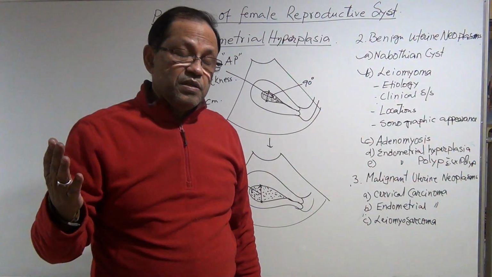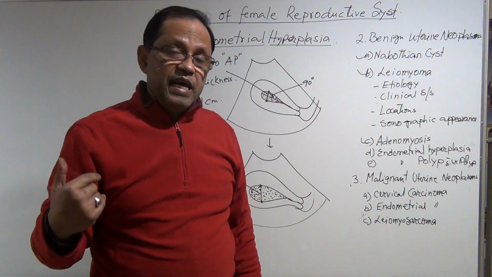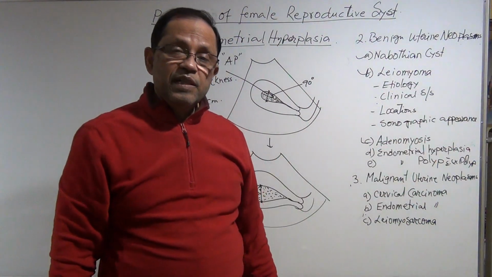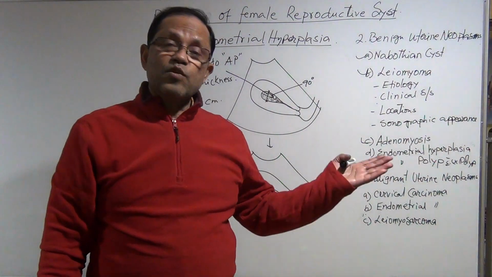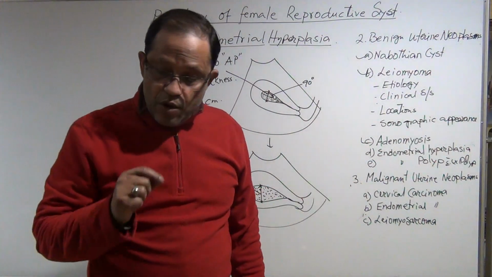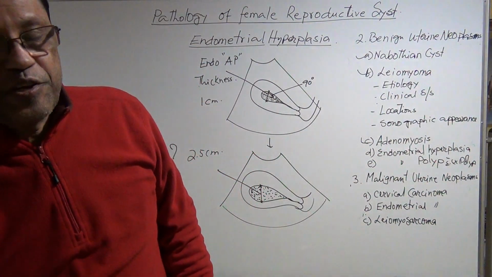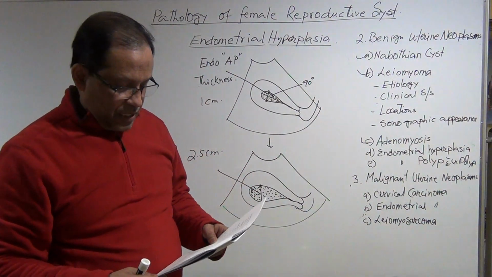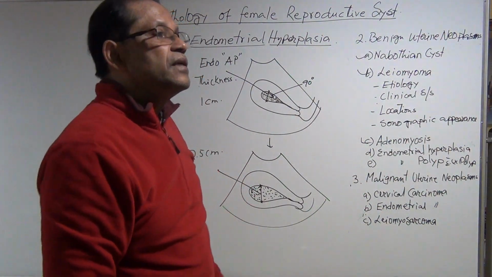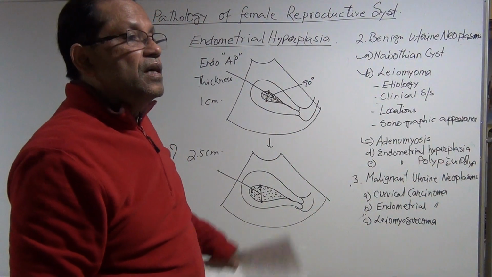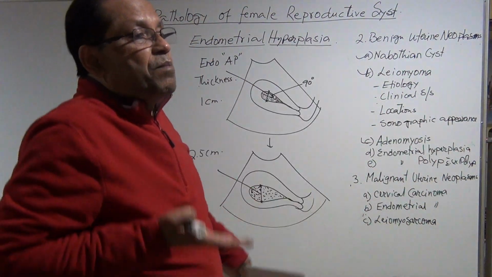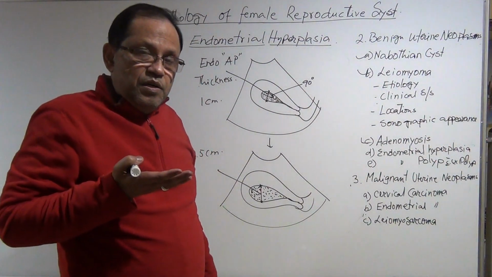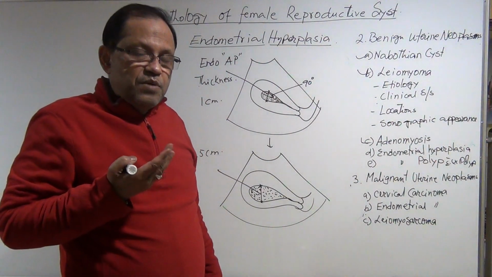A lot of times women after menopause get low bone density and are given low dose hormone pills, and that can cause hyperplasia. You need to ask the patient all those questions. Hyperplasia of the endometrium is due to the response to estrogen and progesterone.